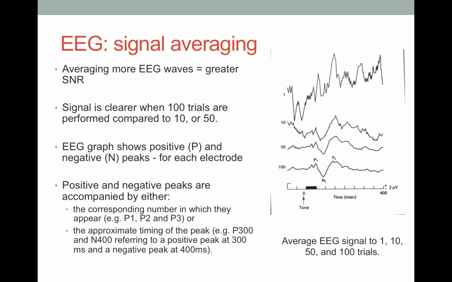Whether the peak is positive or negative, in other words its polarity, is of no real significance either cognitively or neuropsychologically. What is of interest in ERP data is the timing and amplitude of the peaks.